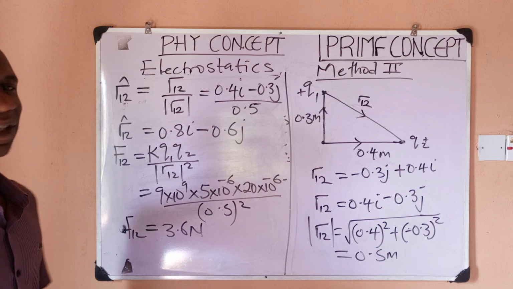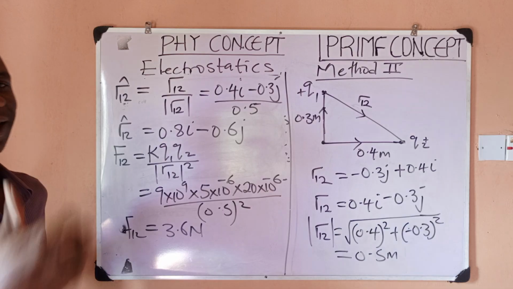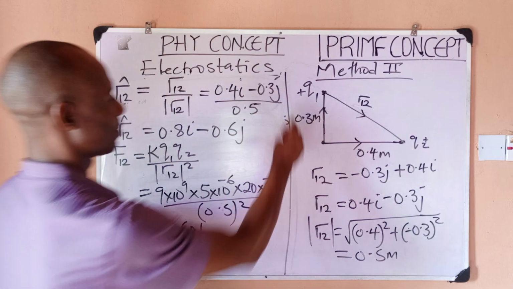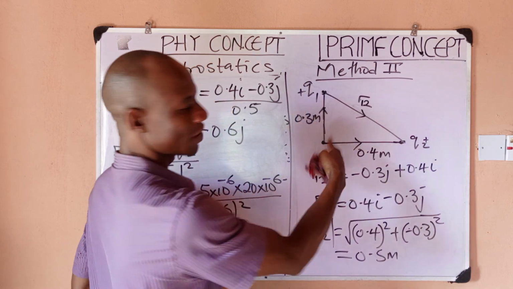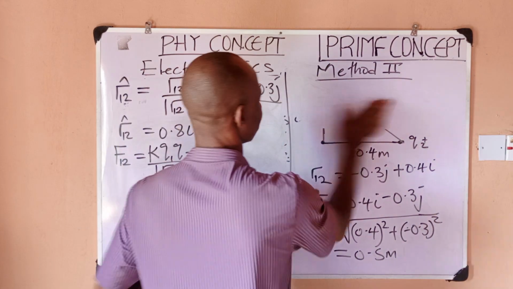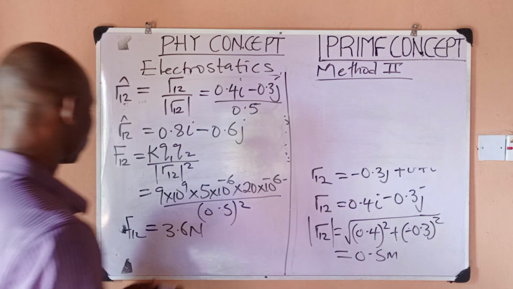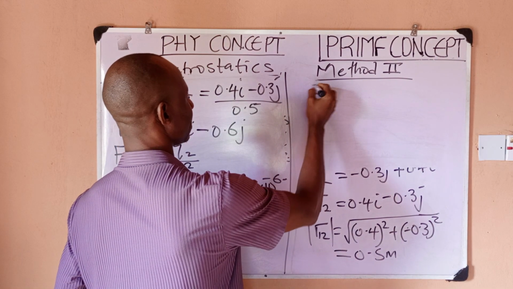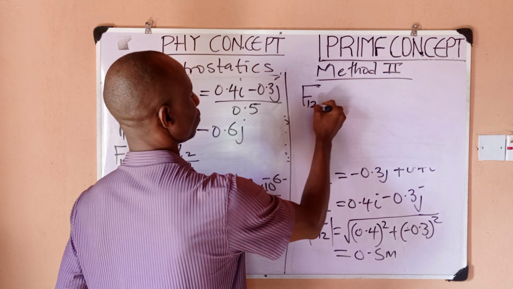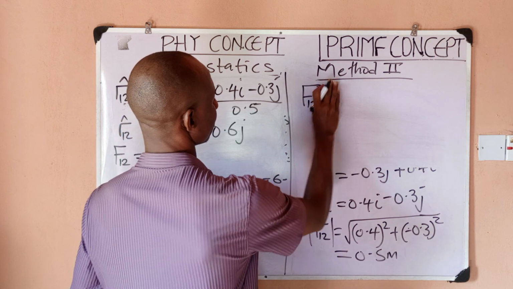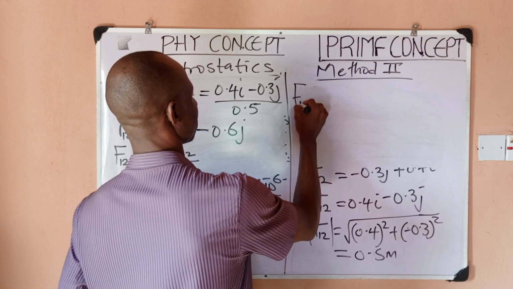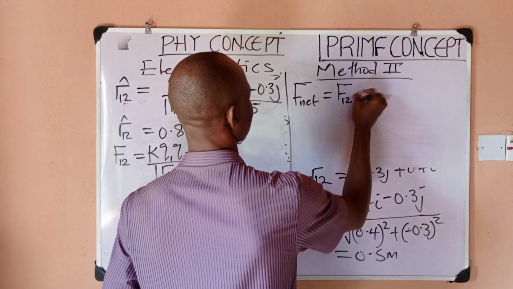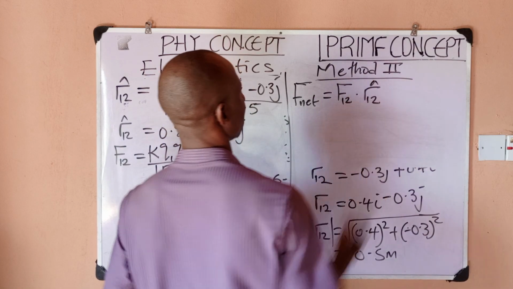But this is not what we're looking for, I'm sure you know. We want to get the Y and X components of this force. Since I'm done here, I'm going to rub this. Take note of this solution diagram, it's very important. According to Coulomb, the vector form is the net force F12 equals F12 times R12, our unit vector.